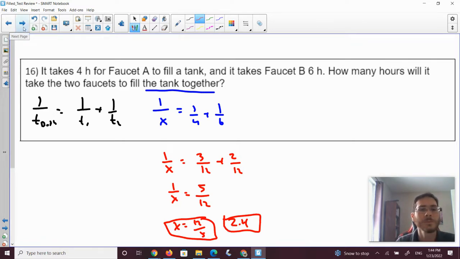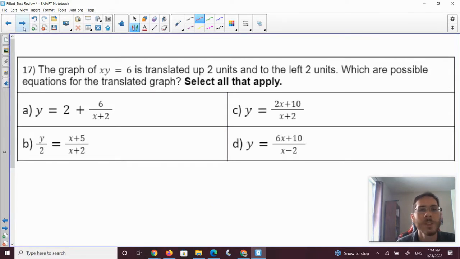All right. Cool. 17, a graph of xy equals 6 is translated up 2 units and left 2 units. Which are possible equations for the translated graph? Select all that apply. So with our transform up 2 units, this means that our k is going to be equal to 2, or we're going to have a horizontal asymptote at k equals 2.